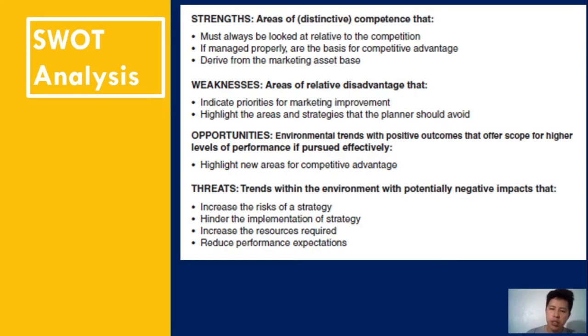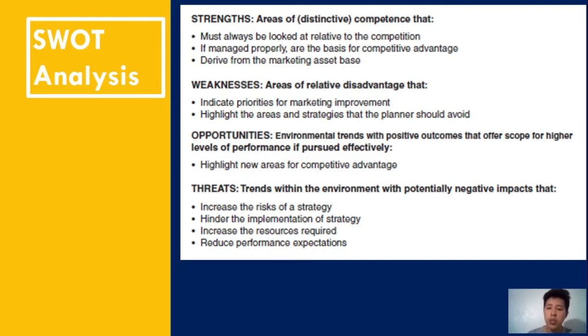Next is opportunities, the environmental trends with positive outcomes that offer scope of higher level of performance if pursued effectively. New areas of competitive advantage or new areas of opportunity wherein you could probably be earning potential income and profits.